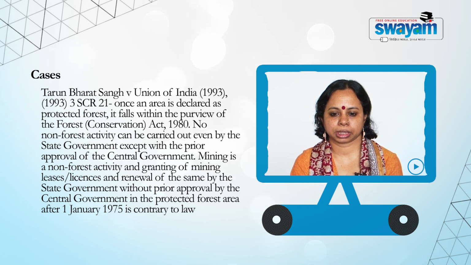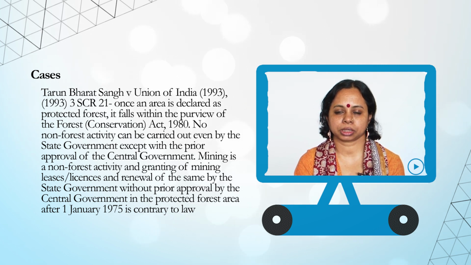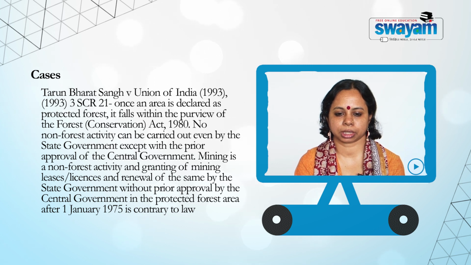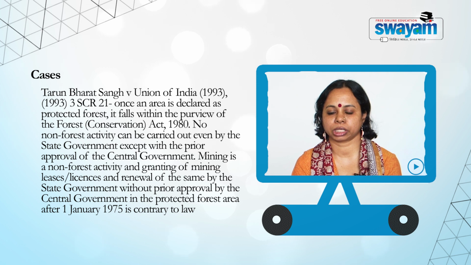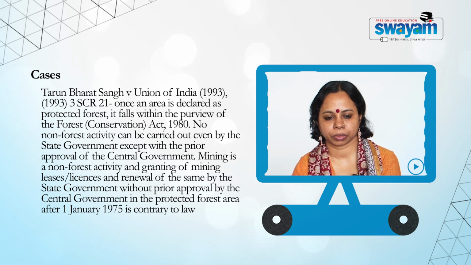Now, the court said mining in an area which happens to be a protected forest is a non-forest activity which can be carried out by the state government only with the prior approval of the central government. And therefore, in the absence of a prior approval from the central government, use of protected forest area for mining purposes is contrary to law.